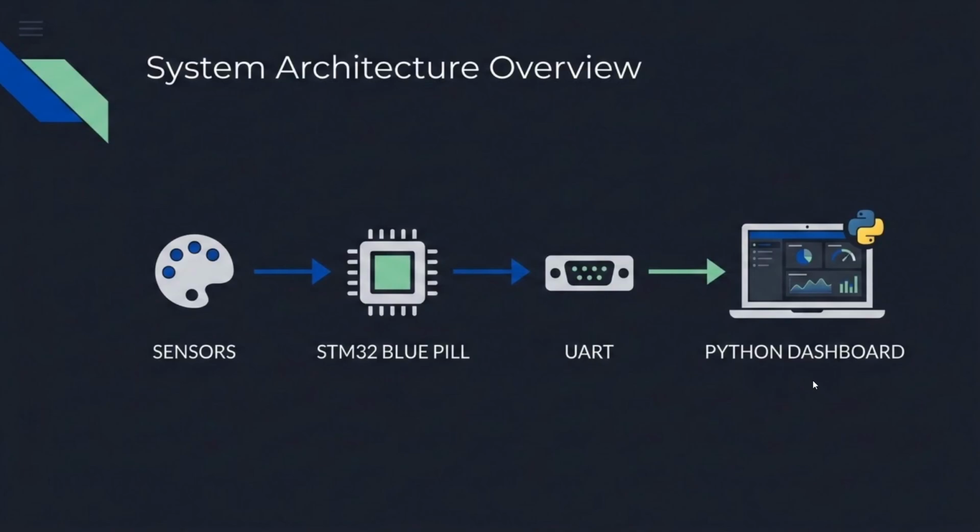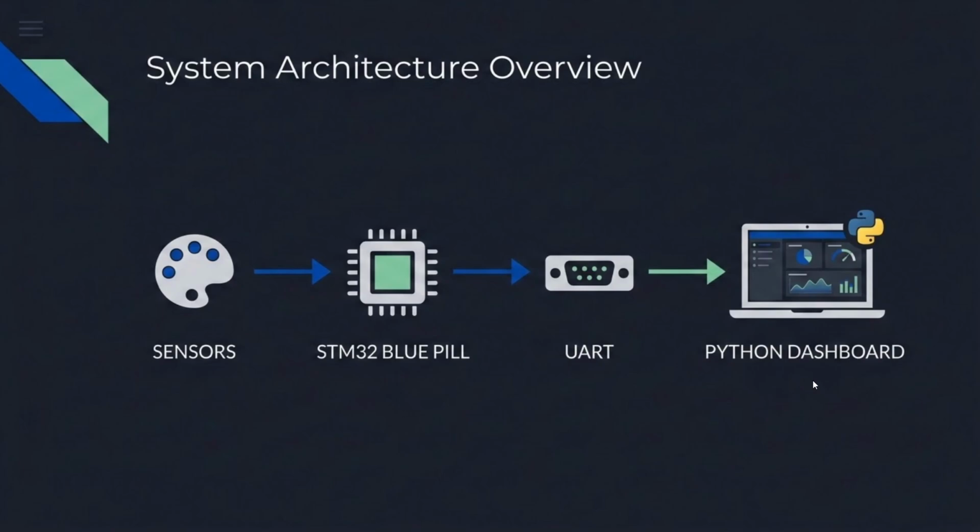So, how we made this project. Let's look at the system architecture. So this slide shows the complete architecture of our project. Everything starts with the sensors. The sensor values are read by the STM32 Blue Pill microcontroller. The STM32 processes the raw sensor inputs, performing calculations and determines whether any warning conditions exist.